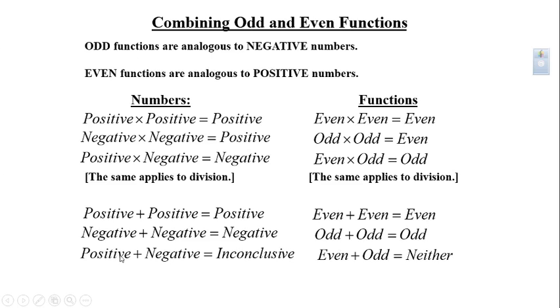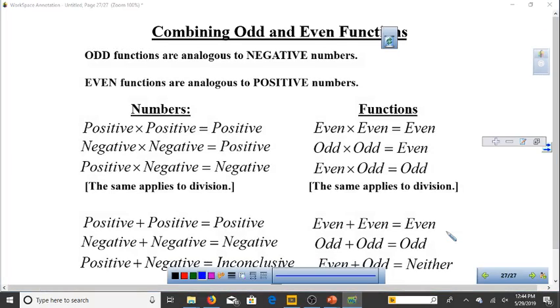But if you add a positive number to a negative number, the result is inconclusive. The answer could be positive, negative, or zero. Likewise, if you add an even function with an odd function, you should get neither, because there is more than one possible outcome for any given number that you plug in. So that's a little way to remember some of the rules.